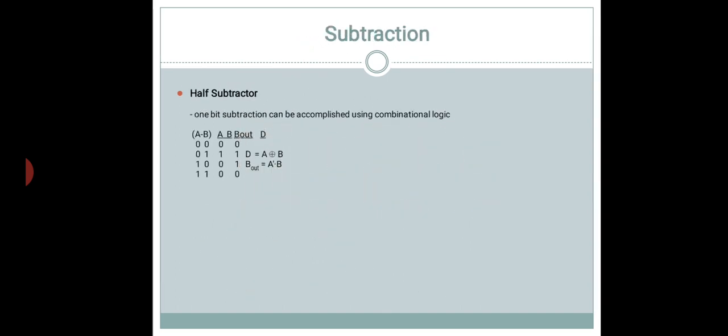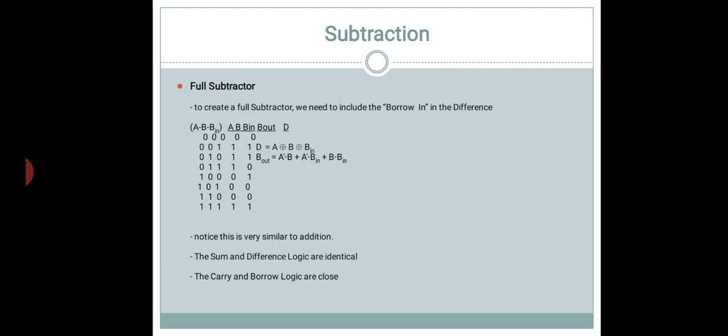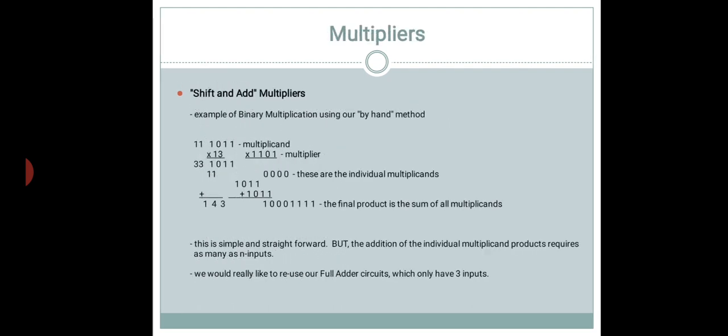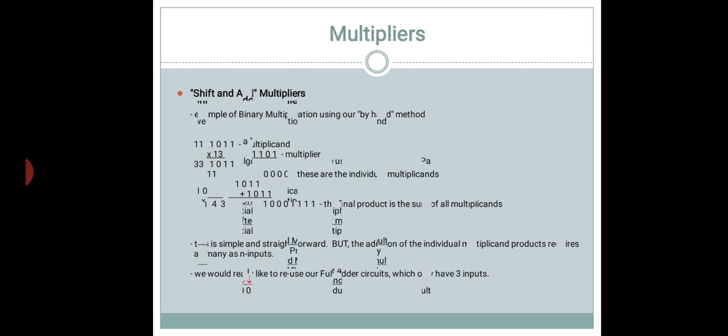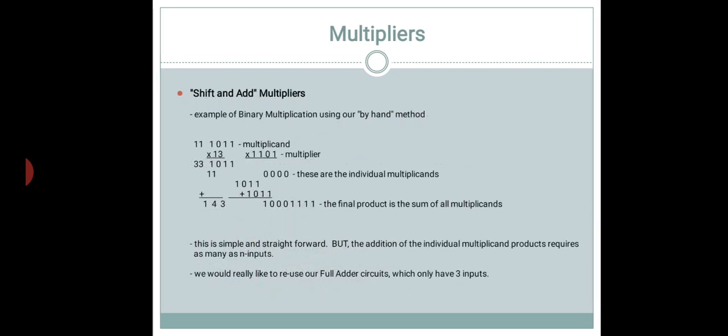The subtractor, in the same way: the truth table for the subtractor is written, and with the help of this truth table the design equations are also derived by using K-map. So the full subtractor is represented here. Then the multiplier, another mathematical operation, also called multiplication. For multiplication, we require the multiplicand, multiplier and product terms.